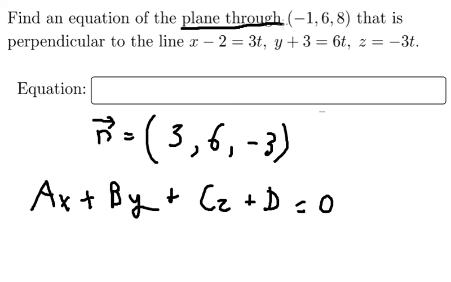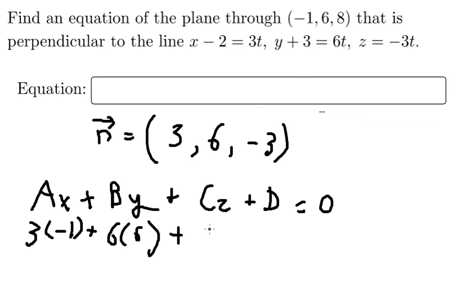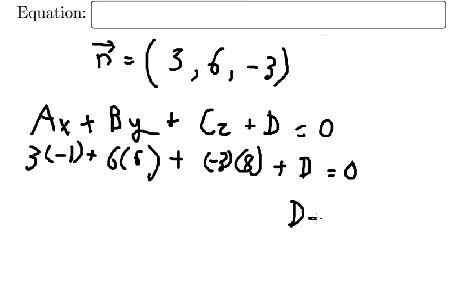The plane goes through the point, so we put 5 here, 6 here, 8 here to find the value of D. So D in here is negative 9.